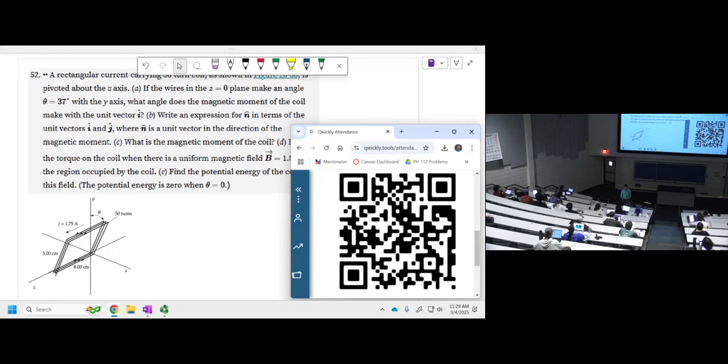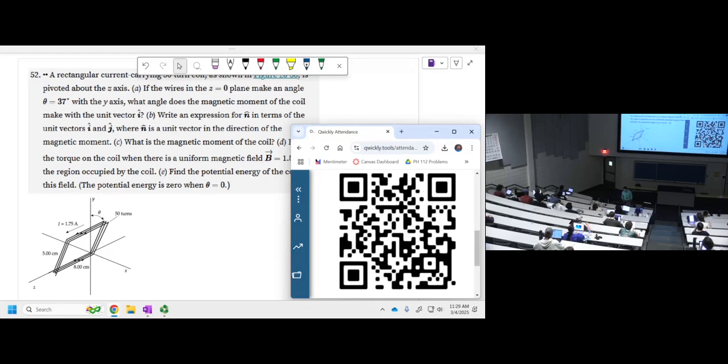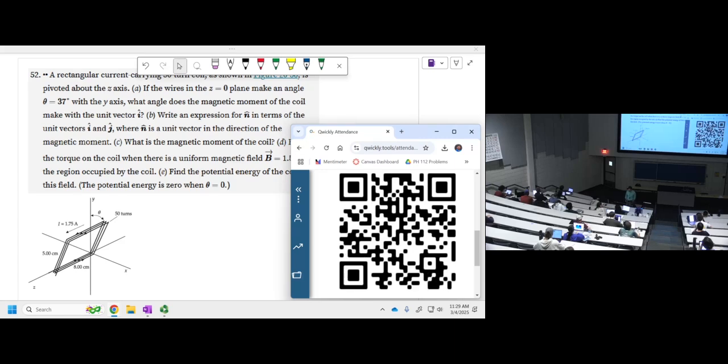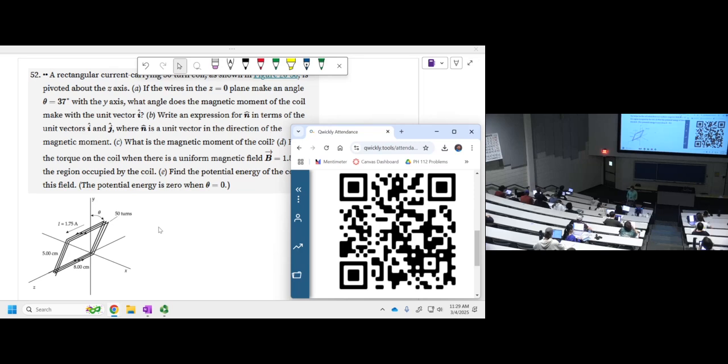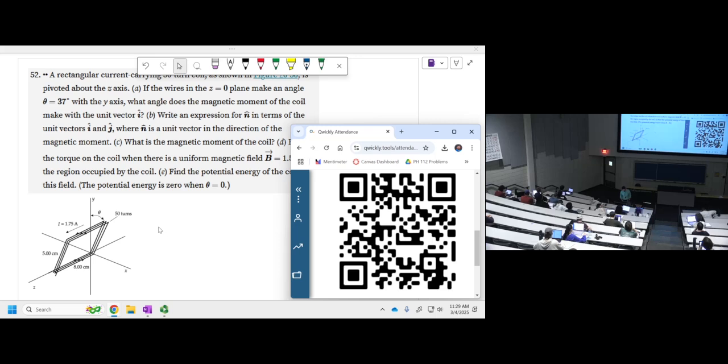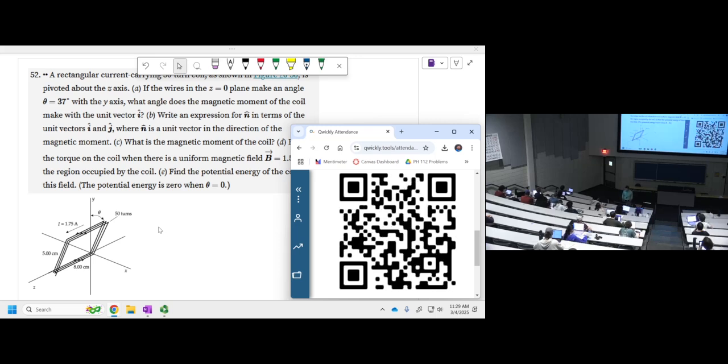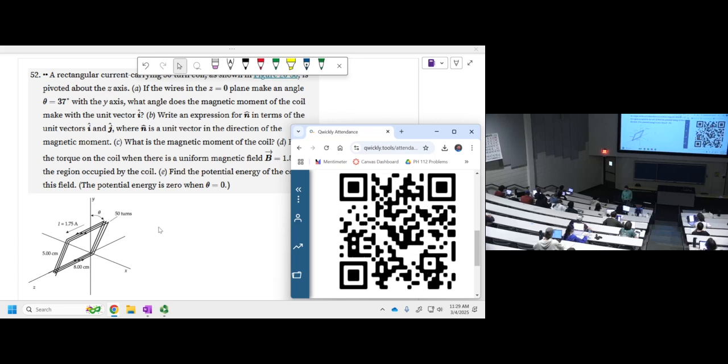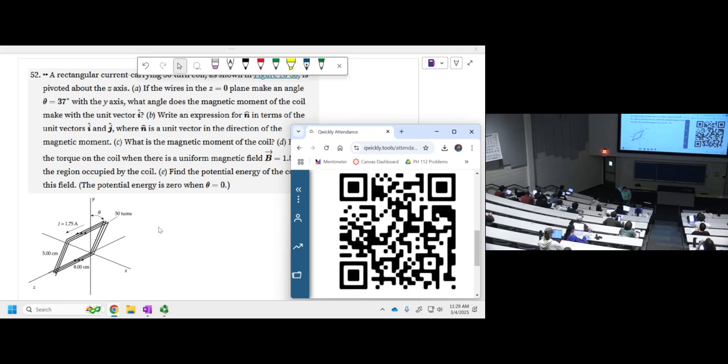If the wires in the z equals 0 plane make an angle 37 degrees with the y-axis, which is just what's drawn right here, what angle does the magnetic moment of the coil make with the unit vector i hat? Write an expression for n, the normal vector, in terms of the vectors i and j, where n is a unit vector in the direction of the magnetic moment, and c, what is the magnetic moment of the coil.